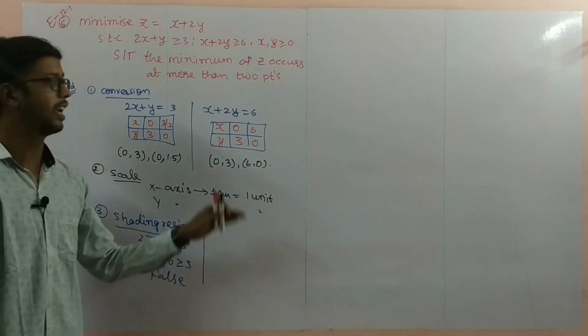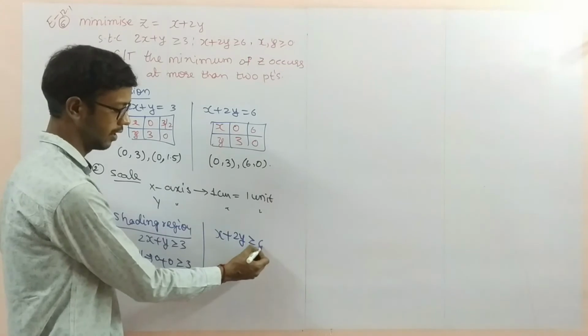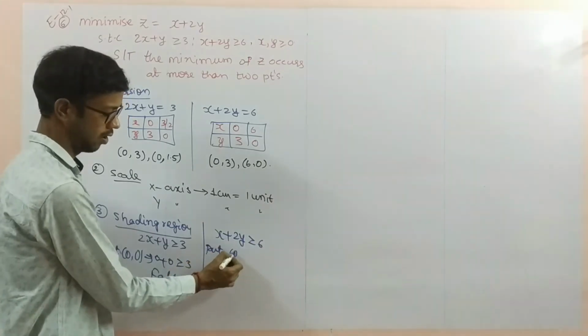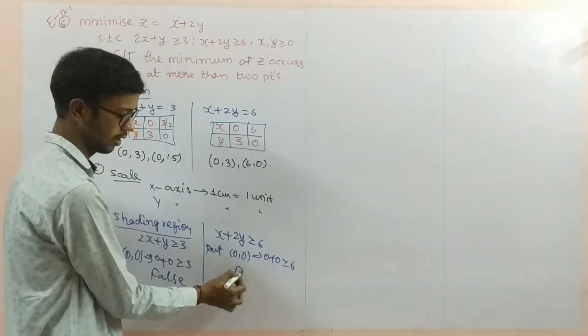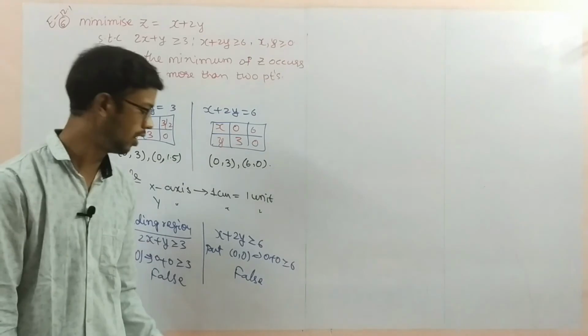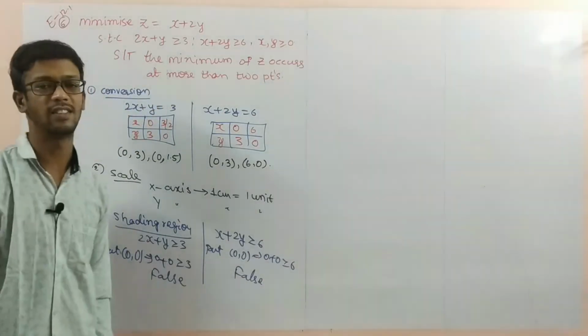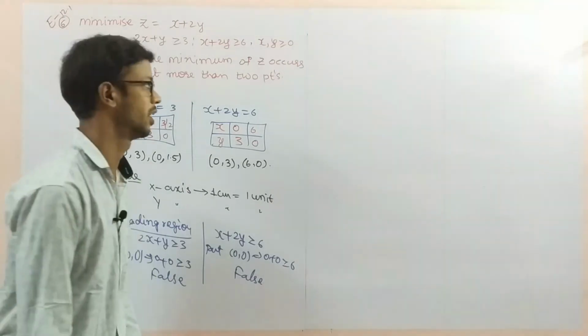Next, in equation number 2, x plus 2y is greater than or equal to 6. Put (0, 0): 0 plus 0 is greater than or equal to 6. This is also a false statement, since 0 is always less than 6. So the shading region is above the line, excluding (0, 0).